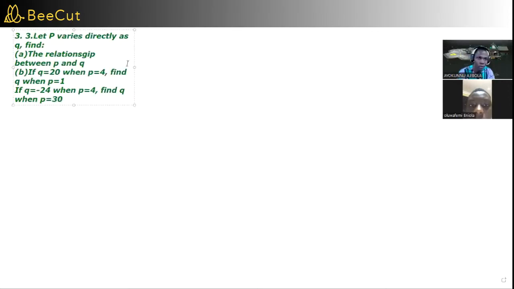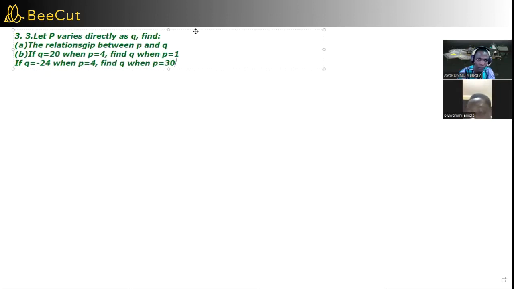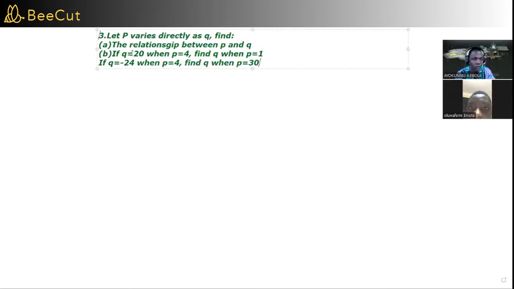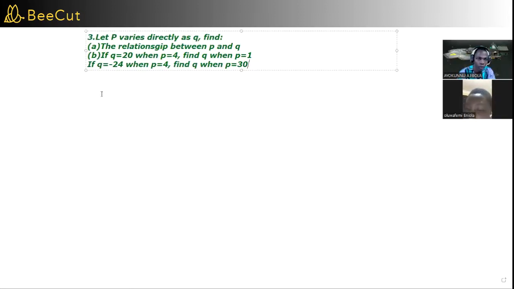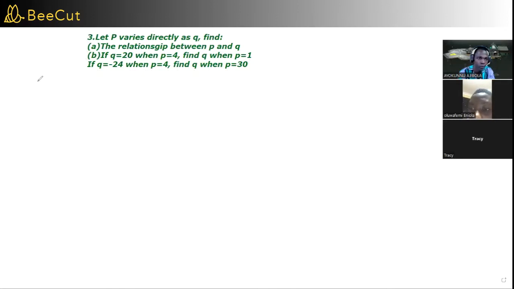So here is the third question, still on variation. I explained in the first aspect, when I'm talking about variation, you are talking about finding relationship between variables.